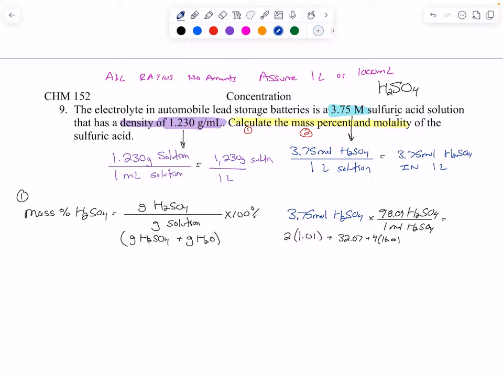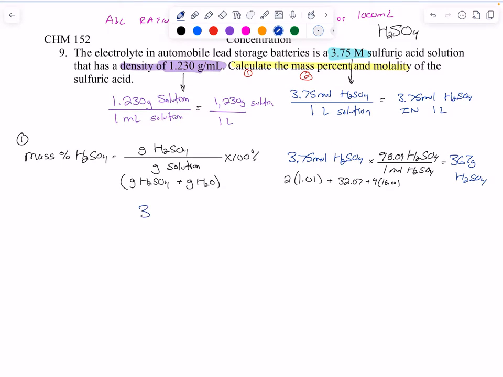So 3.75 times 98.09, I got 367.8375, so 368 grams of H2SO4, rounding.